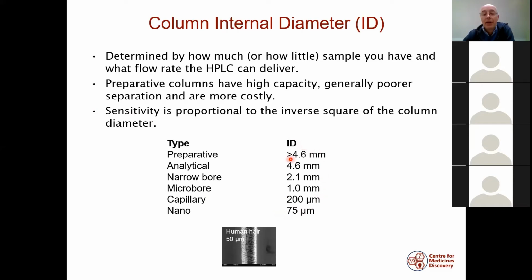But as the column ID gets smaller, the sensitivity of the HPLC dramatically increases. So the smallest ID columns would be 75 microns. To put that into context, a typical human hair is 50 microns. So these are very, very small columns.